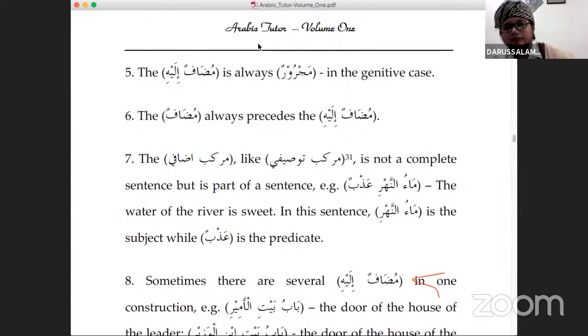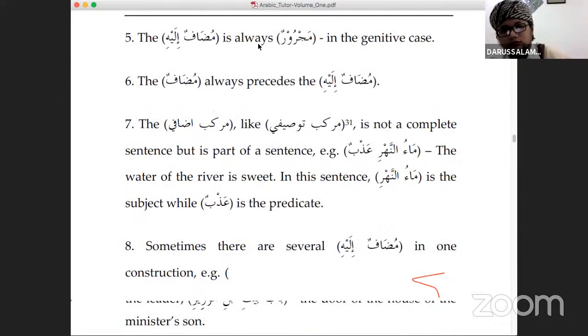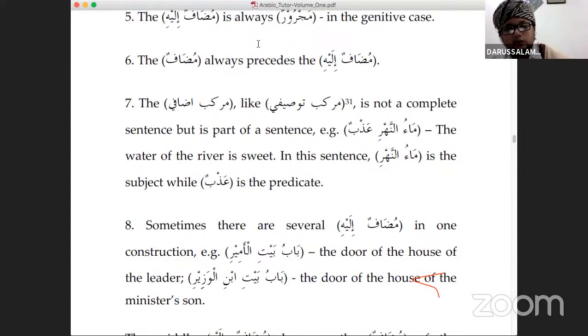Kalau sebut Zaid Kitab, apa Zaid Kitab? Orang tak faham. Bahasa Melayu pun tak betul kan? Kena sebut Kitab Zaid, baru faham, baru betul ya. Jadi yang disandarkan tu, the mudaf, must always be in the beginning, and the mudaf ilaih, yang disandarkan kepadanya, mestilah in the second part, right?